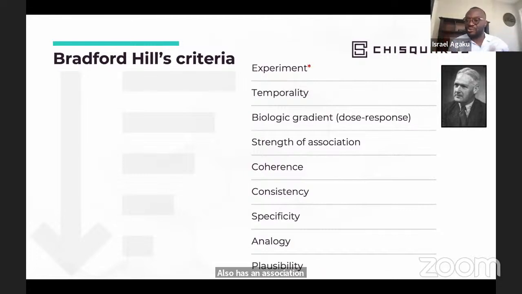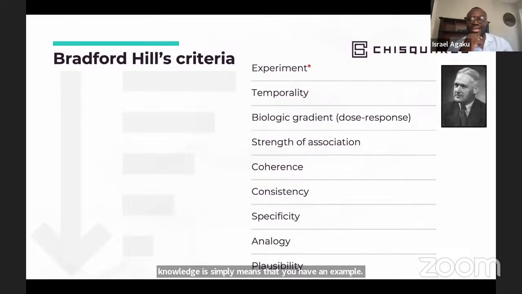And I expect that to hold in this case too, because when you stop smoking, you have reduced metabolism. And so I expect those two relationships to go together. So analogy simply means that you have an example that you can compare that with.